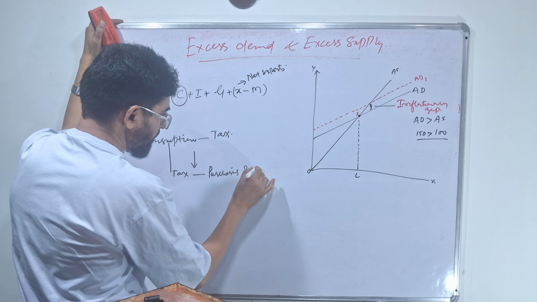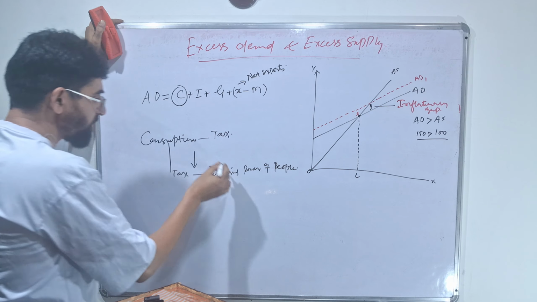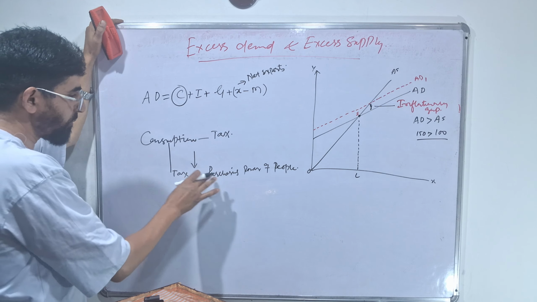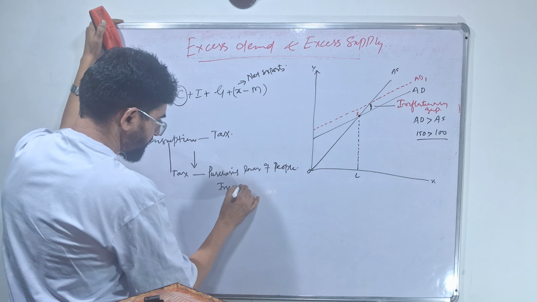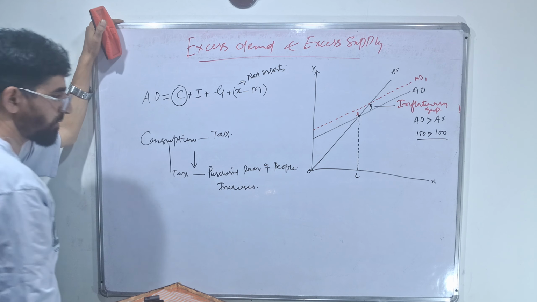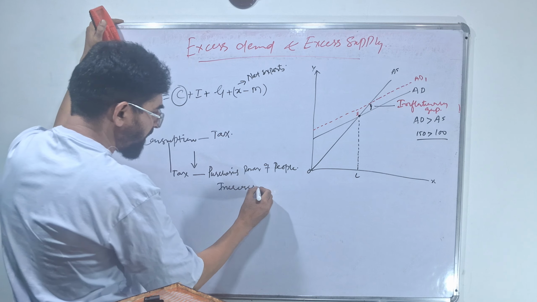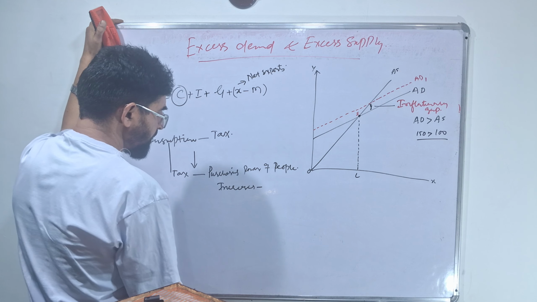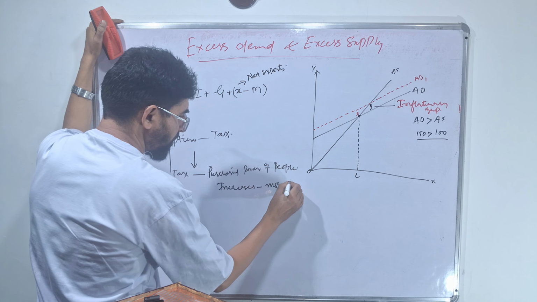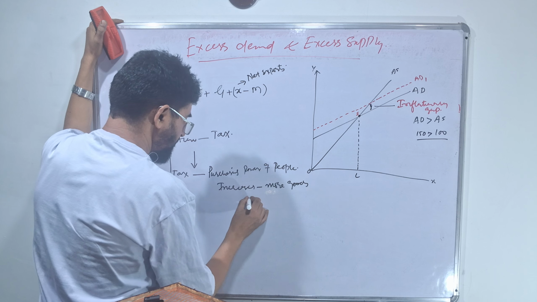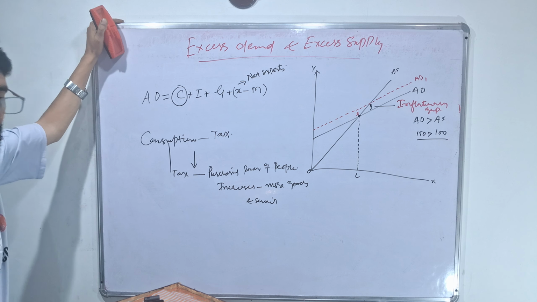When tax declines, the purchasing power of people will increase. As tax has been declining, now their purchasing power has increased. Now they can demand more goods and services.